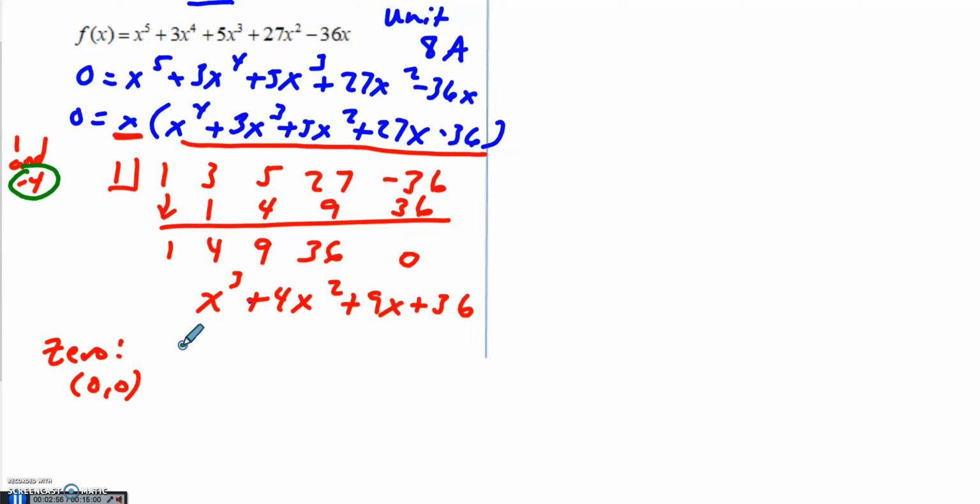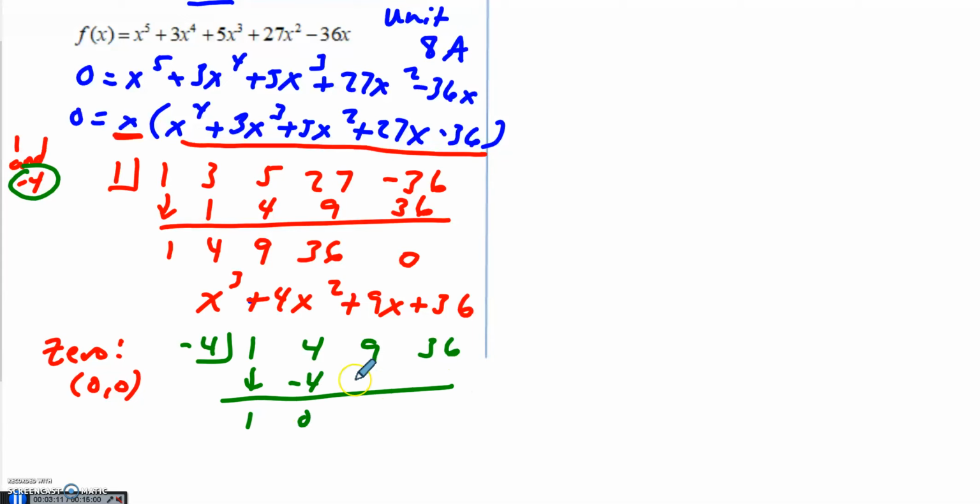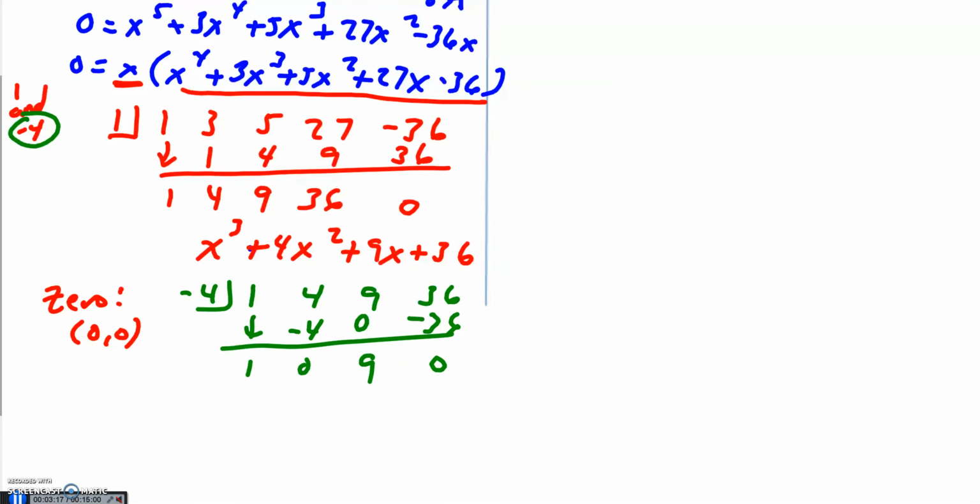So you could do synthetic division again with this polynomial, not the original, but where you ended up, 1, 4, 9, and 36. And if you did that, then you would get 1, 0, 9, and a remainder of 0 again.